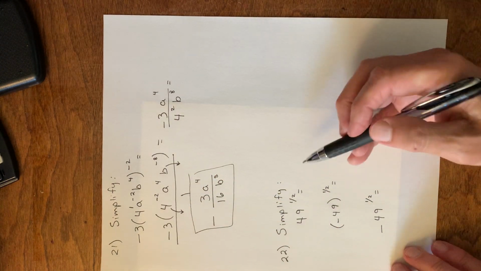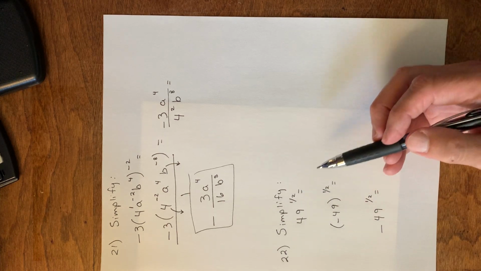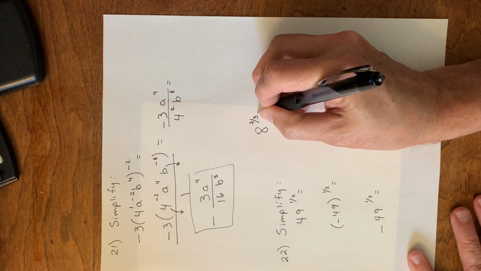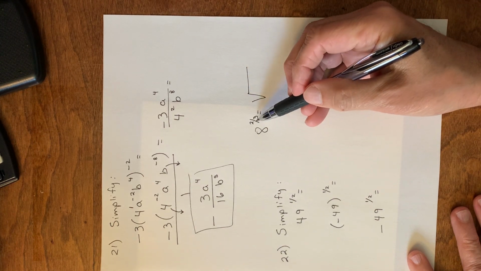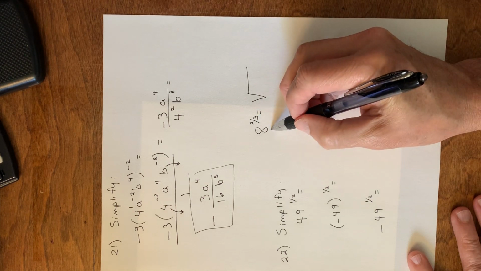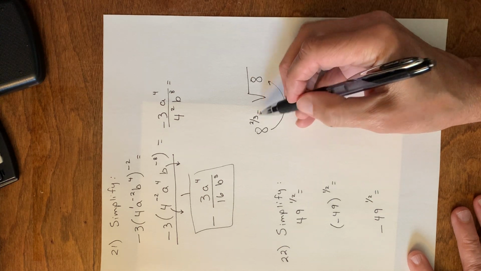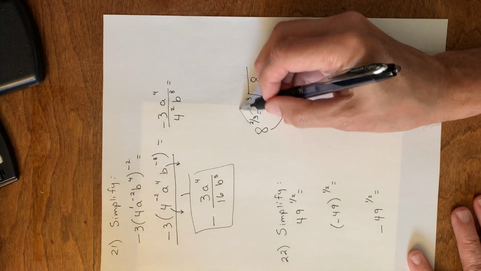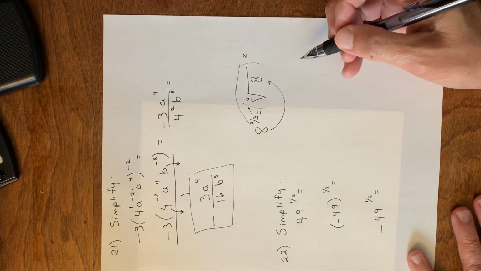And finally, some examples with fractional exponents. Remember our example, 8 to the 2/3? We said we can re-express a fractional exponent as a radical expression, where the base becomes the radicand, the denominator becomes the index, and the numerator becomes the exponent.